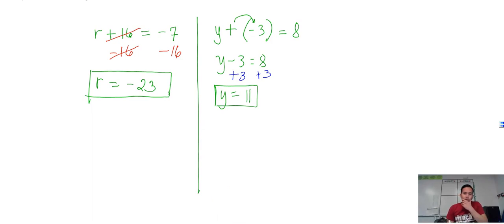Now, in solving linear equations, we can also solve using multiplication and division. Let us say I have here negative 5t is equal to 60.